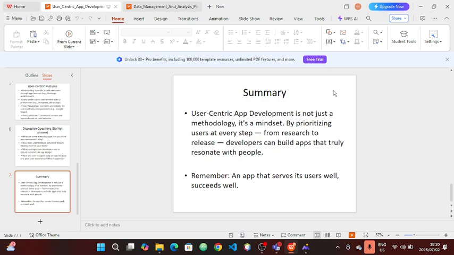Or maybe Theo, you can just summarize everything we've spoken about, or tell us your understanding of user-centric app development, and also mention things I've left behind, things I didn't mention. So yeah, the ball is in your court now.